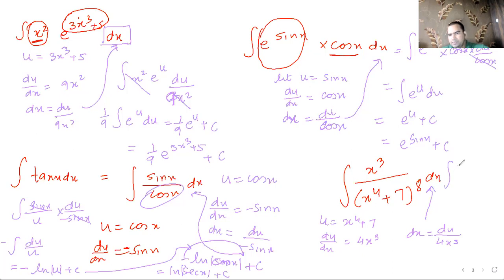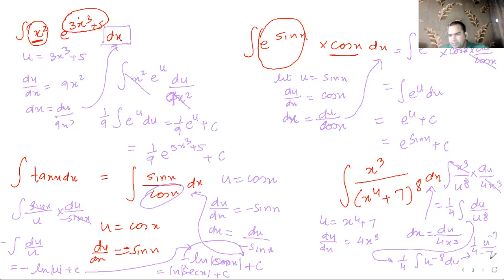As a result of that, it will become x cubed over u to the power 8 times du over 4x cubed. x cubed and x cubed get cancelled, which gives 1/4 integration of du over u to the power 8. Then it will become 1/4 integral u to the power negative 8 du, which you simplify as 1/4 u to the power negative 7 over negative 7 plus c, and of course you substitute back the value of u.